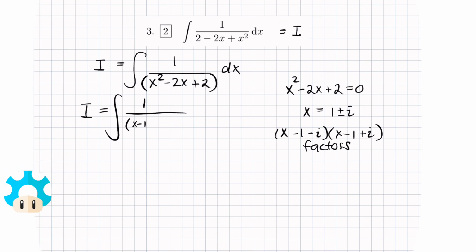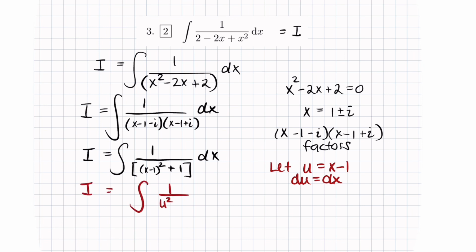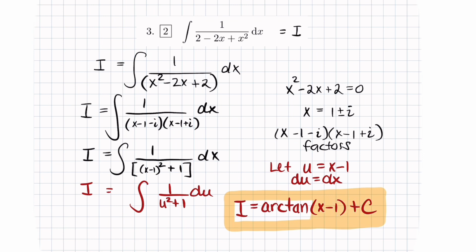So we'll be able to rewrite the denominator by multiplying those two factors out and rewriting this as 1 over x minus 1 squared plus 1 in our denominator. And then we'll make a u substitution of x minus 1, du will equal dx. And therefore our integral is 1 over u squared plus 1, which evaluates to the arctangent of u, which here is the arctangent of x minus 1 plus c. Integral 3, done.